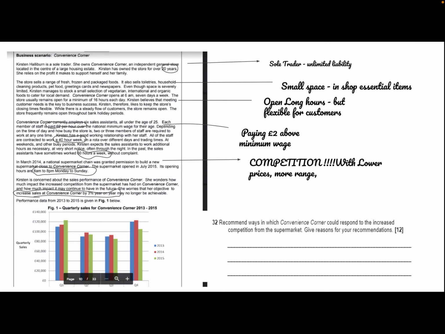From your general knowledge, hopefully you will know that supermarkets tend to offer lower prices than convenience stores, and they also stock wider ranges. Unfortunately, this particular shop probably would not be able to compete with either because of the size of the shop and because of being a bigger supermarket.